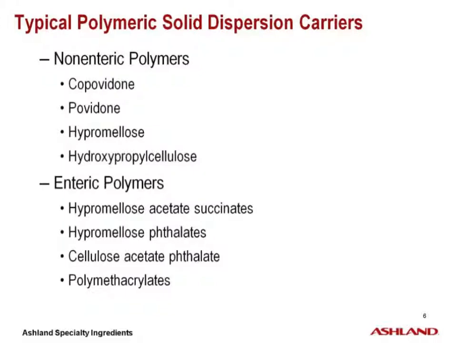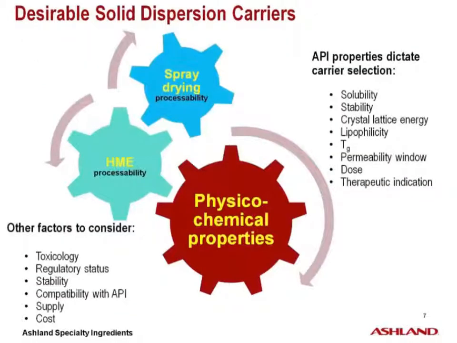Enteric polymers have acidic functional groups, and are therefore only soluble in the intestinal environment. The ionized form of the polymers might be able to form colloidal species with the drug in dissolution media, which can help to maintain supersaturation. Now let's take a look at the key considerations during polymer selection.